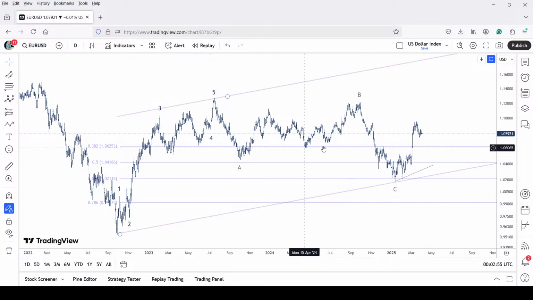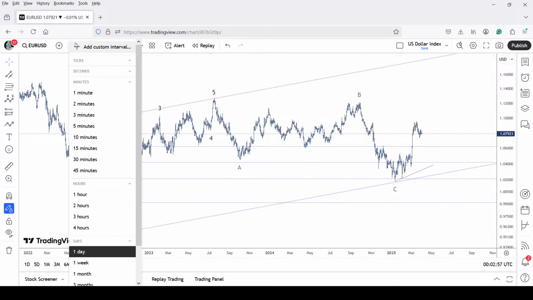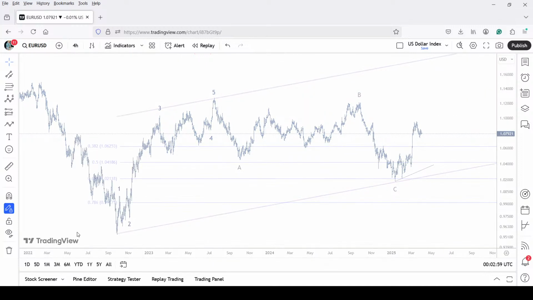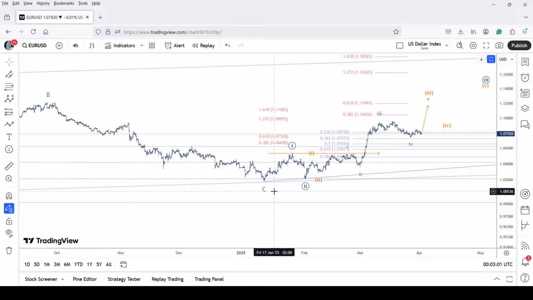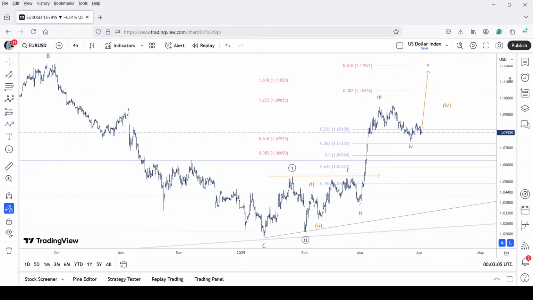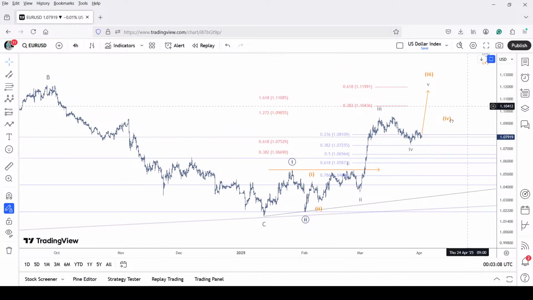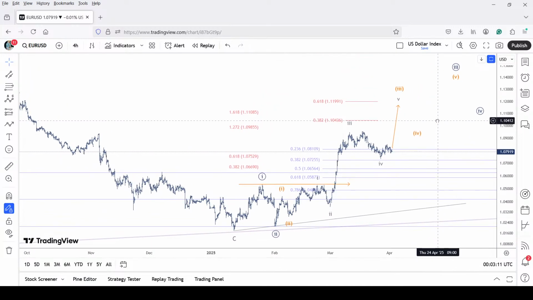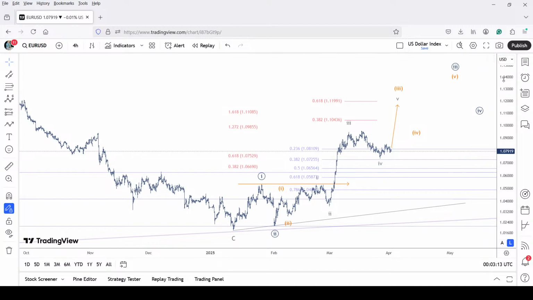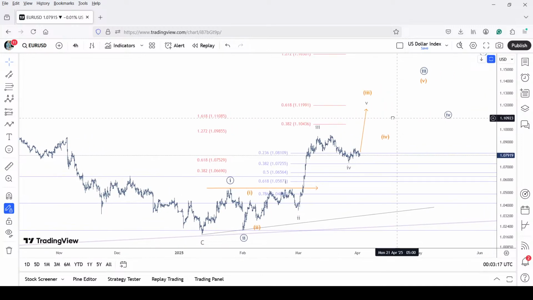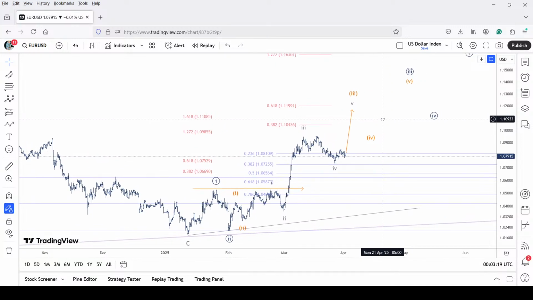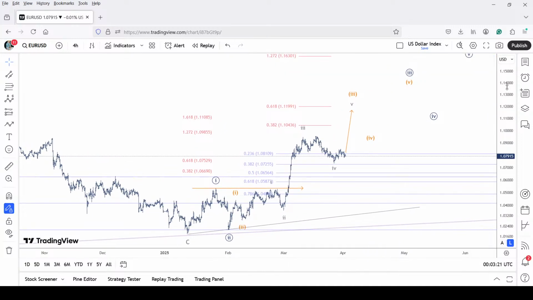All right, so let's look at all the action which is happening on a 4-hour time frame. What we have defined here is higher minute degree waves, which is a higher degree, and the third of minute degree is still unfolding. There you are.